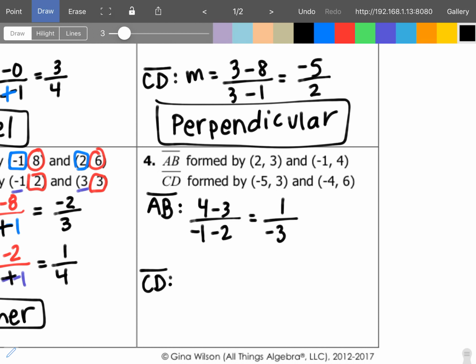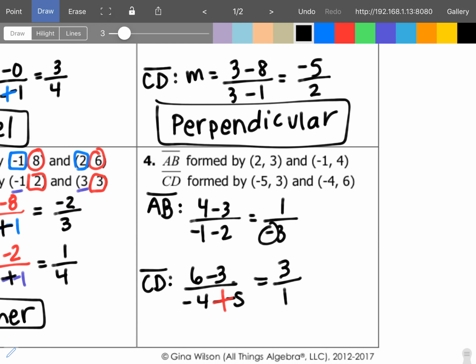CD. 6 minus 3, y2 minus y1 over x2 minus negative 5, so remember this makes a positive. 6 minus 3 is 3. Negative 4 plus 5 is 1. Okay, so negative 1/3 and a positive 3/1.